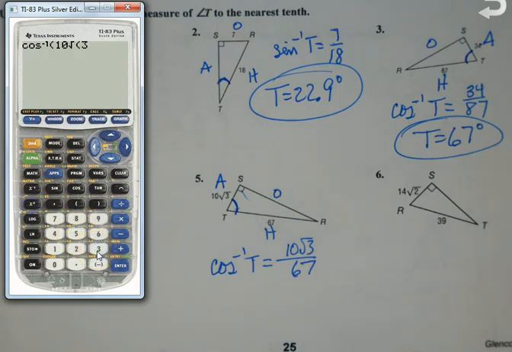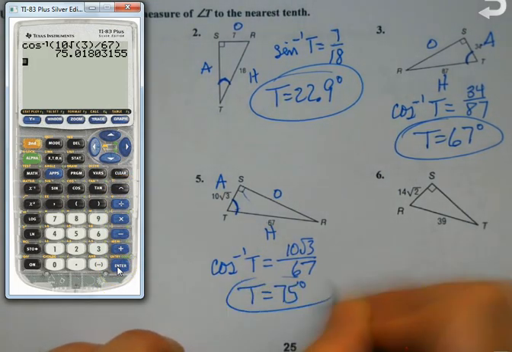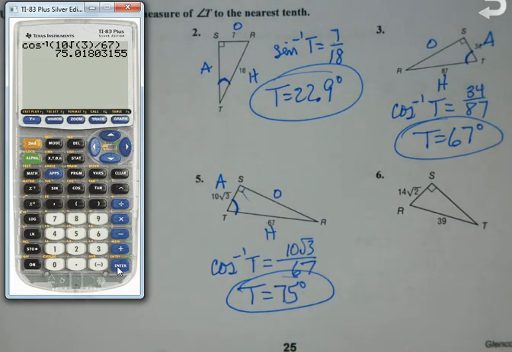So 10 square root of 3, close your parenthesis, divided by 67. So you'll notice here, that can be my really only dilemma. I'm taking this whole thing, but I have to make sure when I close the parenthesis on my square root that it's ending things there. And again, rounding gets me back to 75.